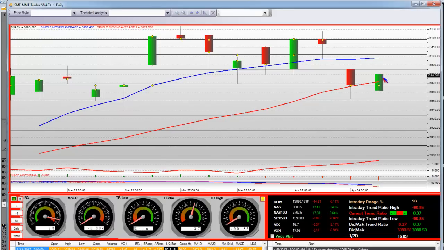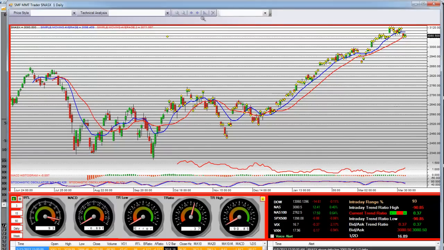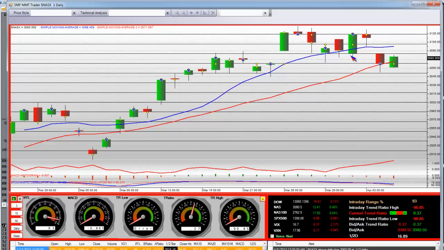Now, what we call a continuation gap down is that the Nasdaq composite gaps down in a place like this. Let me show you. MMT. Basically, this half bar right here is 30.18 on a daily.